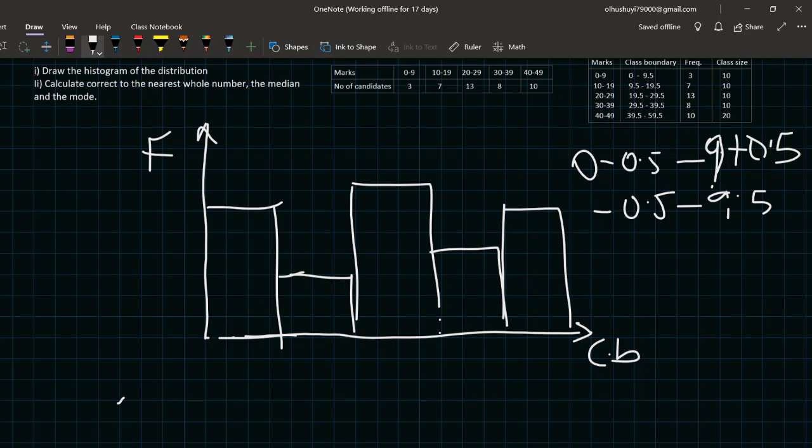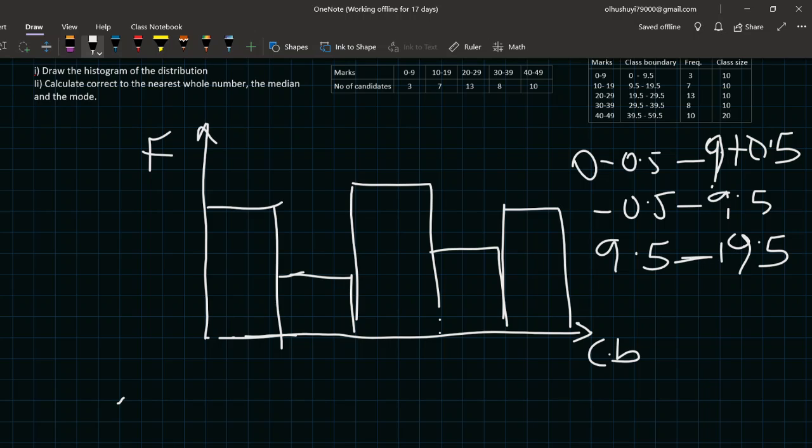But the class size still remains 10, and for the subsequent or the next class boundary, from 10, subtract 0.5 from 10, you have 9.5, to 19, that will be 19.5. So get the idea behind that.